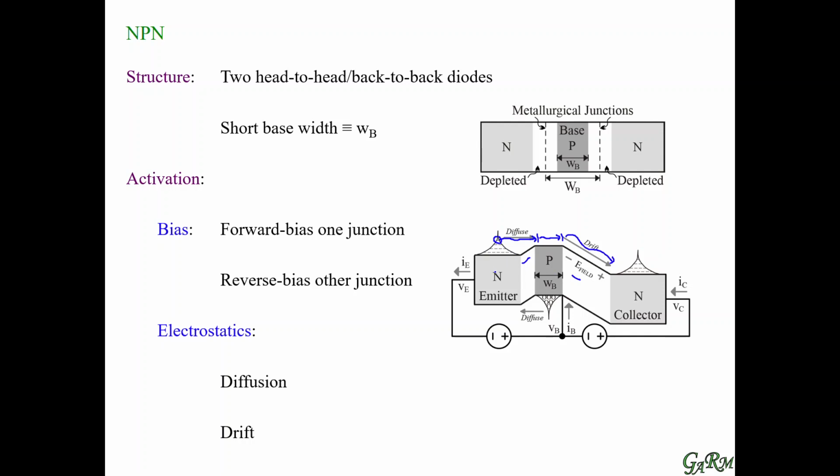Now, the N-type terminal on the left is the one that is supplying all these negative charges. So we call that the emitter because it emits all these charge carriers. The N-type region on the right is collecting all those charges, so we call that the collector.